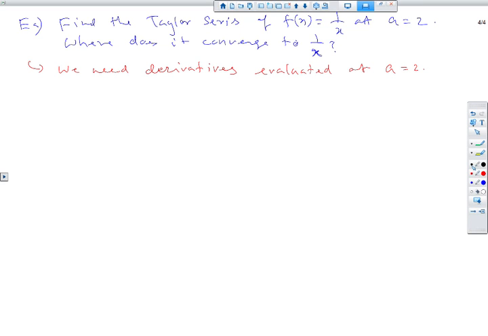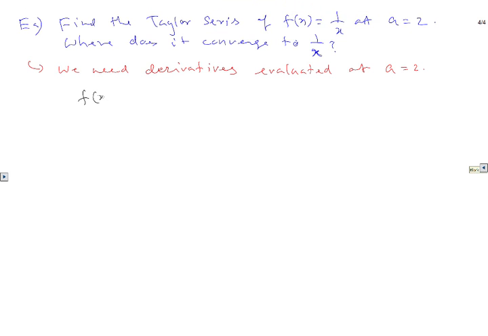So let's do it. We know that the function f(x) you can write as x to the negative 1, because that makes it easy. Now we're going to find the derivative. So f prime of x is simply negative x to the negative 2. The second derivative is negative times negative 2, which means 2 times x to the negative 3. So keep doing it.